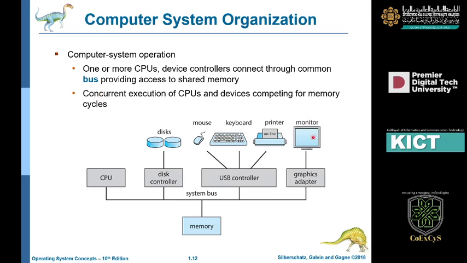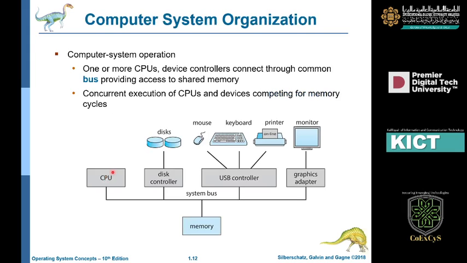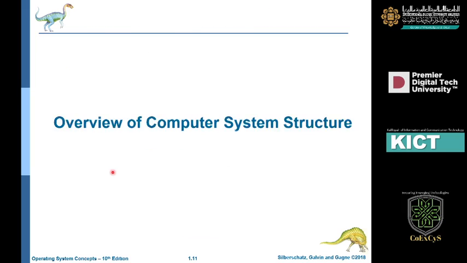So things can run concurrently. Each device controller is in charge of a particular device type. If you press Ctrl-Alt-Delete on your Windows system, you can see all the connected controllers on your device list.